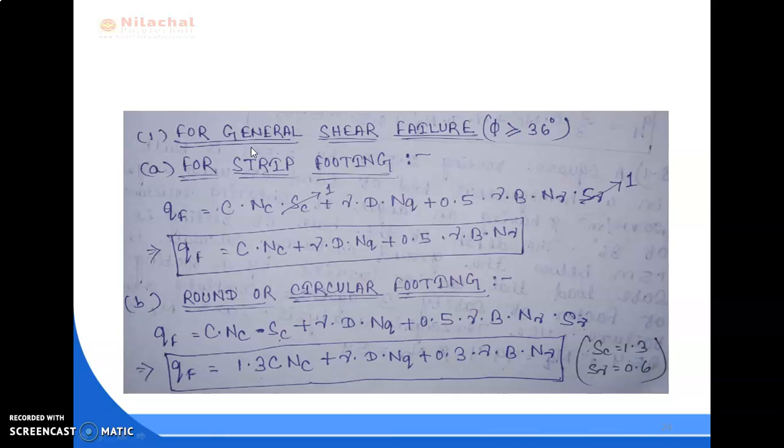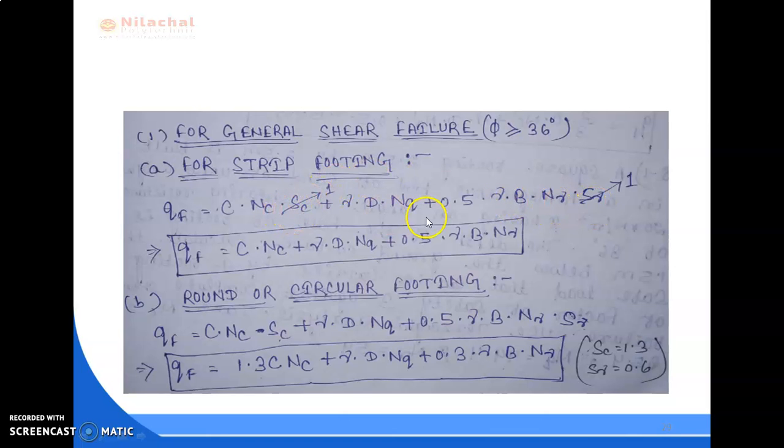In the next slide we will discuss in detail the general shear failure theoretically, so let us discuss the formulas only. Under general shear failure, that means whenever phi is greater than or equal to 30 degrees, it may be 32, it may be 36, you have to consider it general shear failure. So first for strip footing, qf equal to, this is the actual formula, c Nc Sc plus gamma D Nq plus 0.5 gamma B N gamma S gamma.